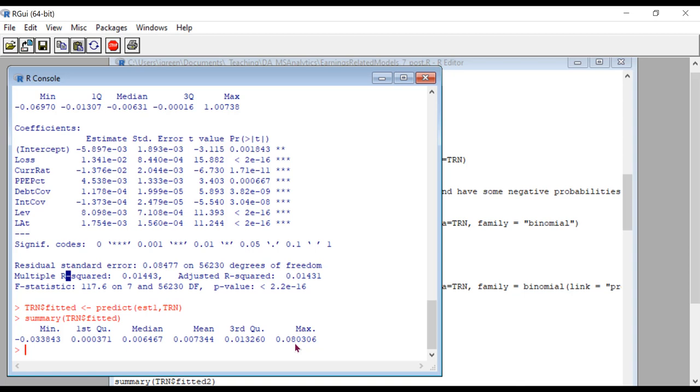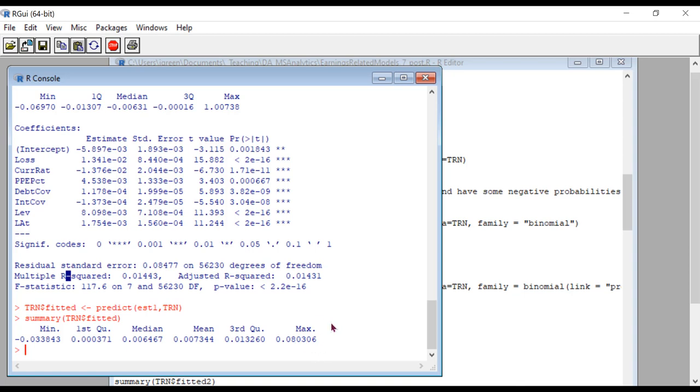Well, the reason is because the overall probability of going bankrupt in the data set is really small. Remember, we have less than 1% of our observations that go bankrupt. So the best bet, if you're going to predict for every company, and you want to get as much right as possible, is just to say no one's going bankrupt, and you'll get most of the observations right.